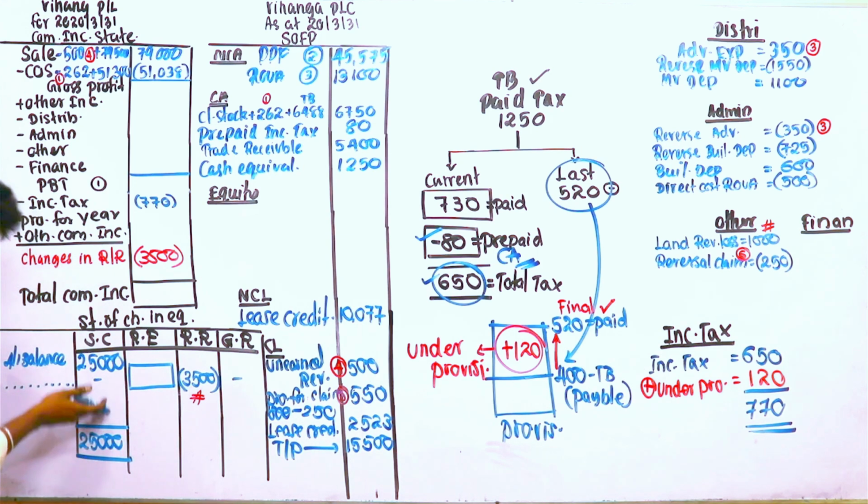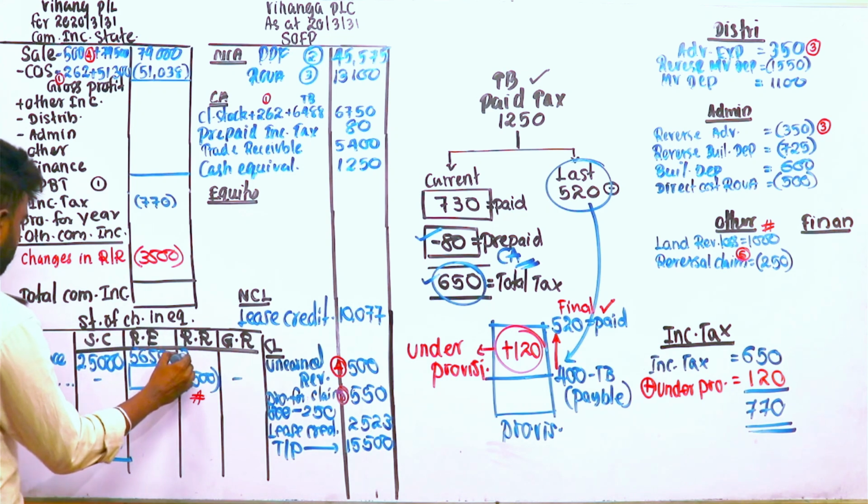Closing balance, no transaction, so record as opening balance. Retained earnings opening balance 5,650. Land revaluation reserve 3,500.